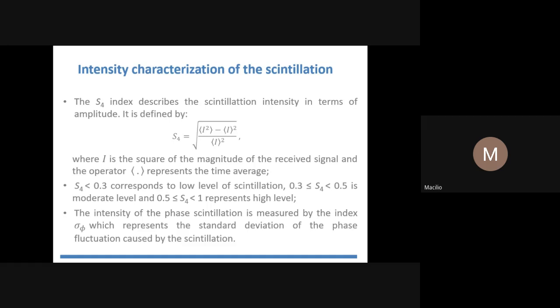The second index used to measure the intensity of scintillation is called sigma phi. The sigma phi is related to the fluctuation in the phase of the signal. In fact, it represents the standard deviation of the phase fluctuation directly.